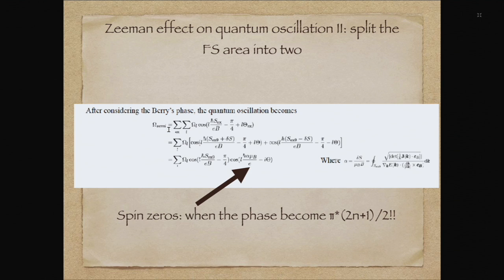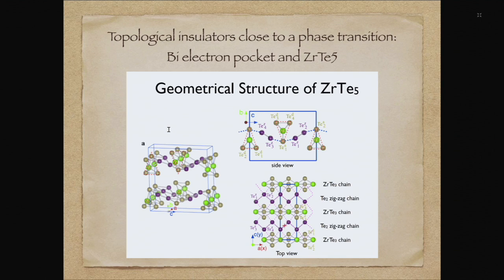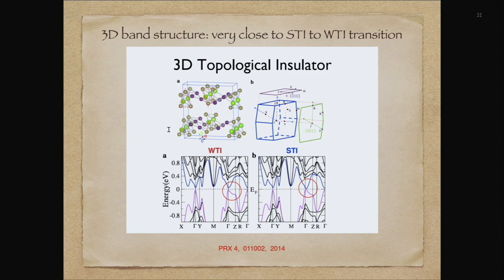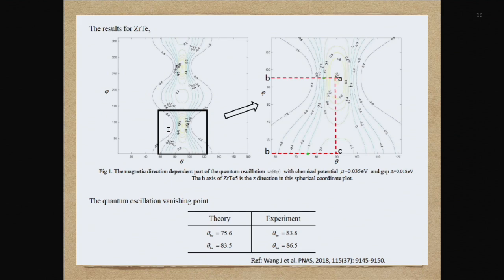So in our numerical calculation, we include both effects, and we calculate the spin zero angle for zirconium telluride 5. So we get our theoretical prediction for the angle of the spin zero effect for this particular material.